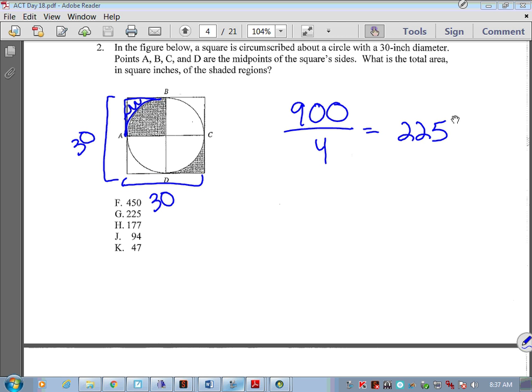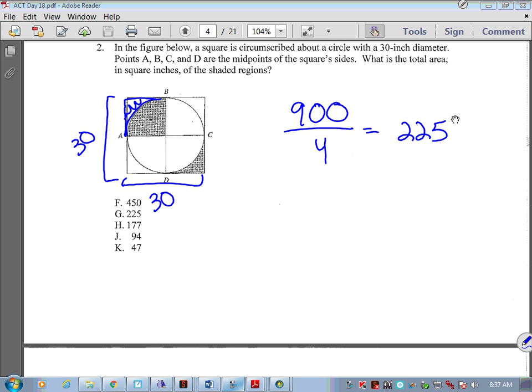Okay, so that was made to be a lot more difficult than it needed to be. But when they give me something like that, there is a much more complicated way to do it. In fact, I've got the work for the really complicated way to do it, but being successful on the ACT is finding easier ways to do it, looking at it, making your life more simple.